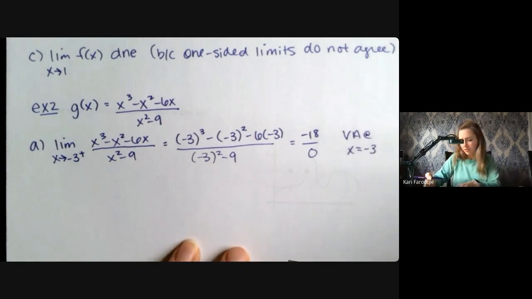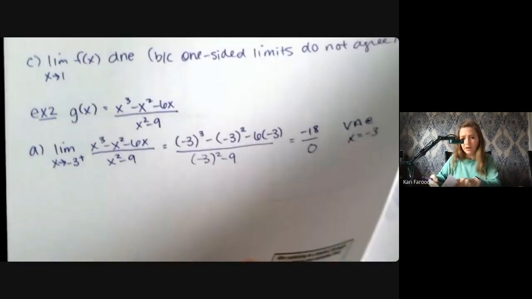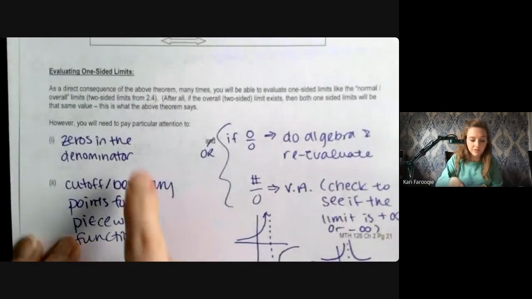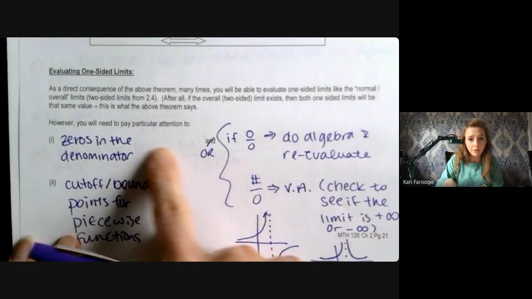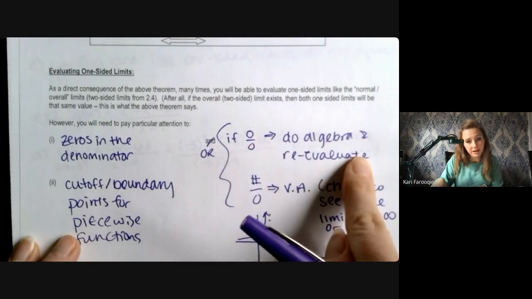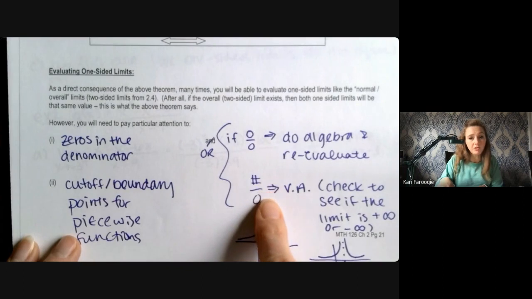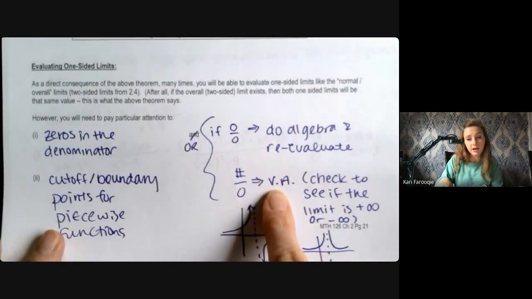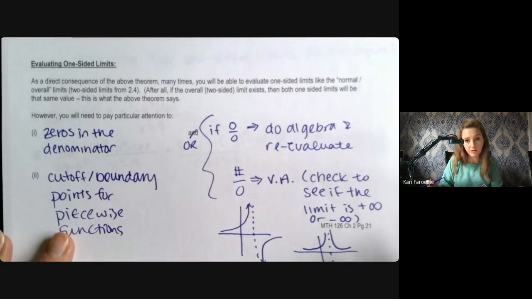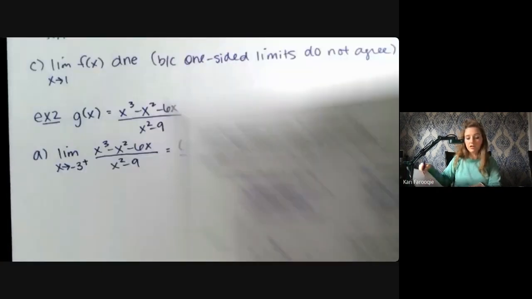Remember that this is something that was discussed on the previous page. We said that we're looking for values where we might have zeros in the denominator. If we have 0 over 0, we're going to do some algebra and reevaluate. Well, we don't have that case, but we got a number over 0, which means that we have a vertical asymptote, and we're going to check to see if the limit is plus infinity or minus infinity. So that's what the goal is now.